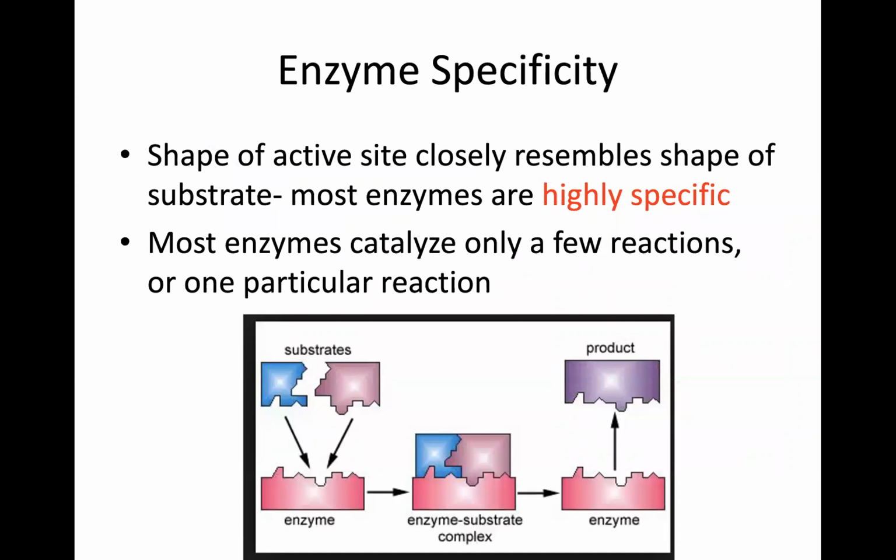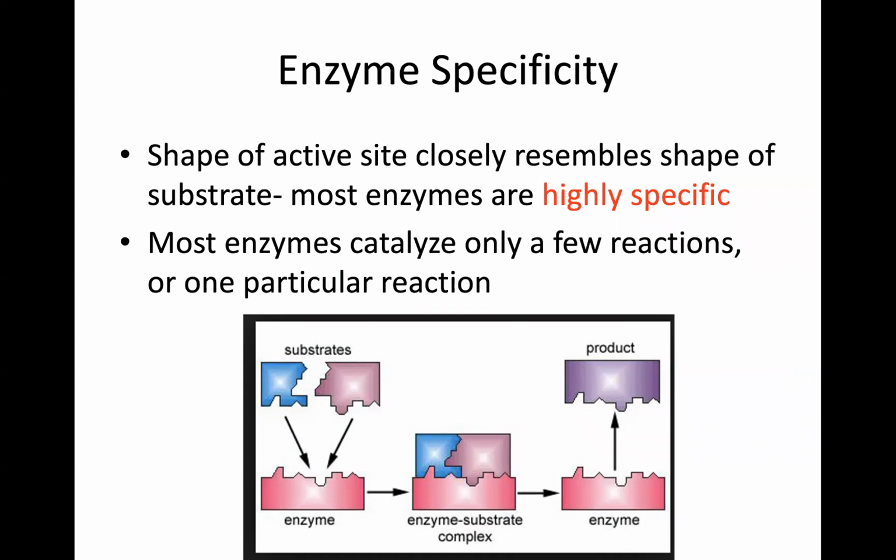So enzyme specificity, write this down. Enzymes are very specific. The shape of the active site closely resembles the shape of the substrate. Remember, I mentioned kind of like a puzzle piece fitting together, right? Most enzymes are going to be highly specific. They're only going to catalyze a very few types of reaction, or one particular reaction.